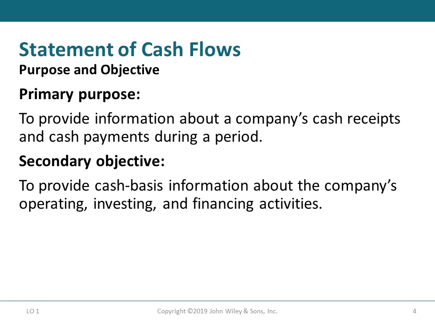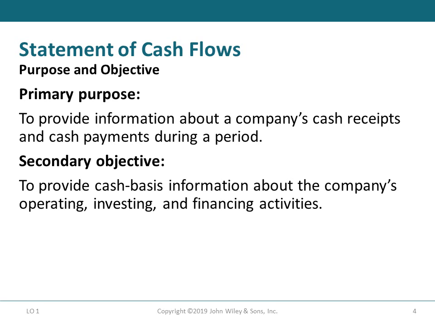Therefore, we have to prepare another statement, which is a statement of cash flow. Cash flow means cash in and cash out, cash collections and cash payment. This statement tries to complete the objective of financial accounting of providing users with information.